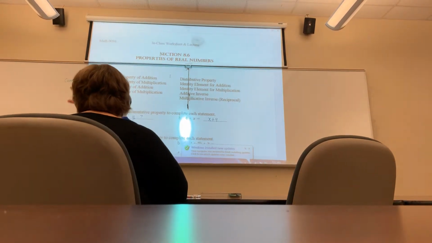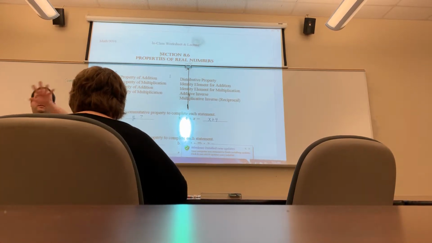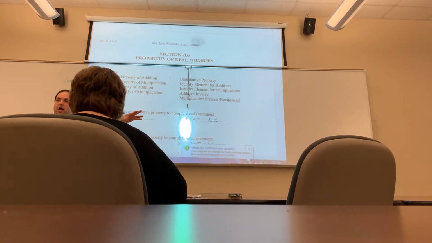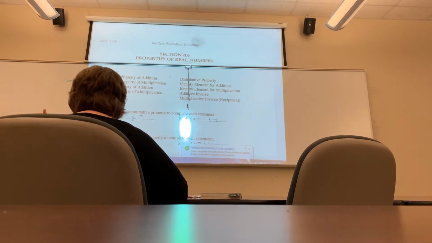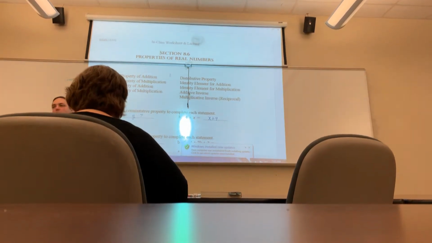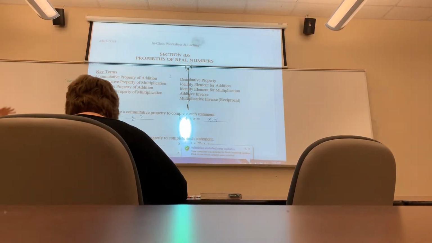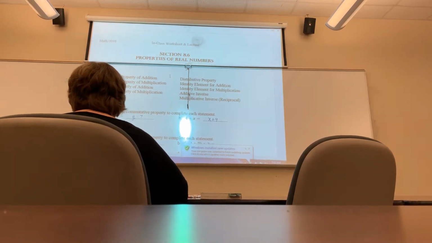I can't do 5 minus 7 and expect 7 minus 5 to be the same thing. They're not. One's 2, one's negative 2. Same thing with division. 12 divided by 4 is 3, but 4 divided by 12 is not 3, it's 1/3. So you can't switch the order on everything, hence why it's important for us to have this name of this property.